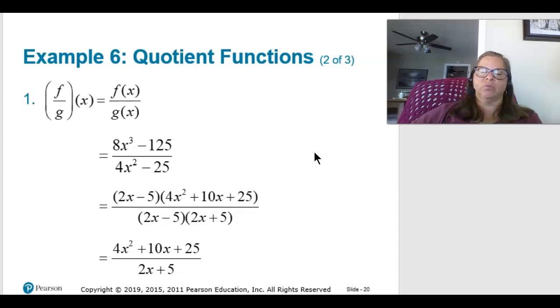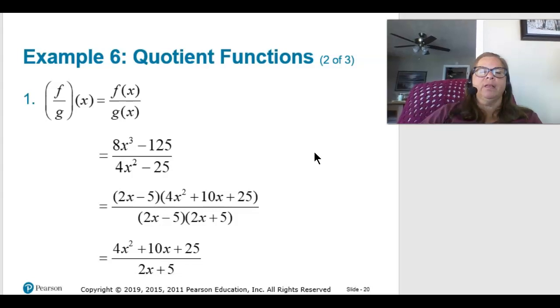8x cubed minus 125 is a perfect difference of perfect cubes. So we end up with 2x minus 5 times 4x squared plus 10x plus 25. The bottom denominator function, 4x squared minus 25, is a difference of two perfect squares. 2x minus 5 times 2x plus 5.